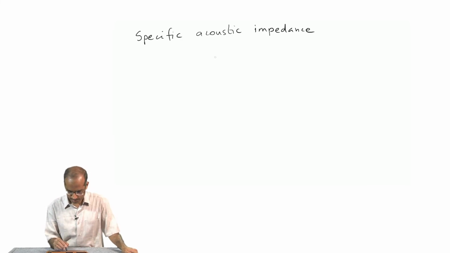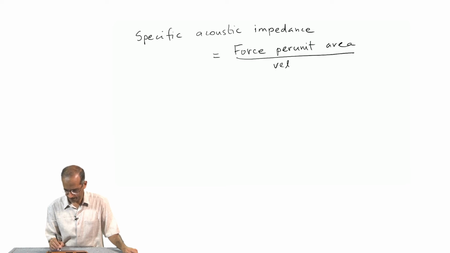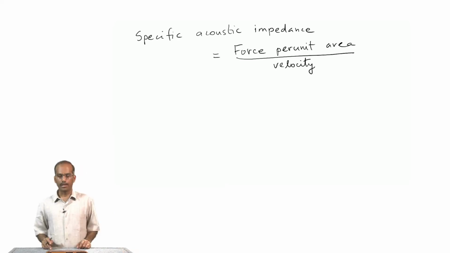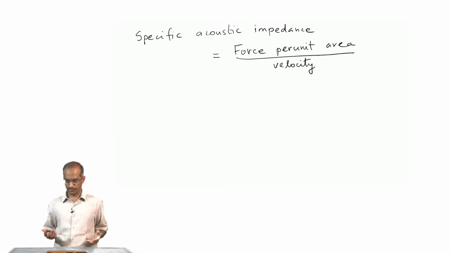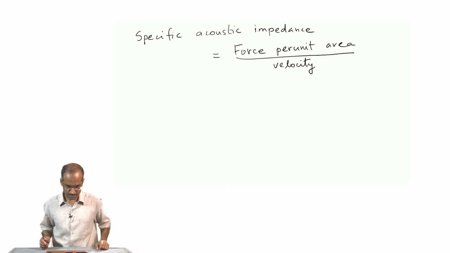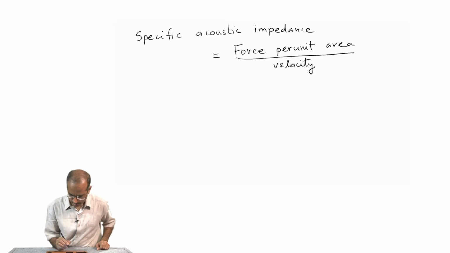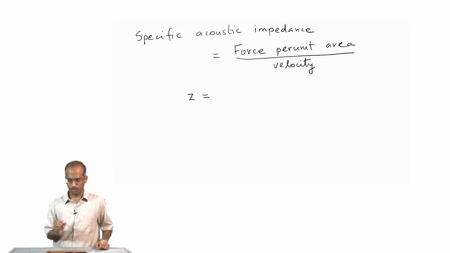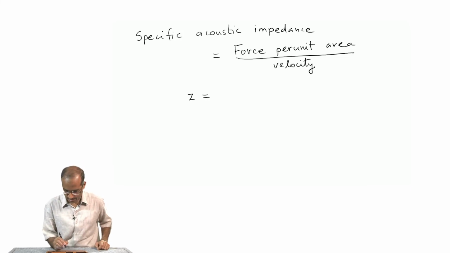So, this is force per unit area divided by velocity, and force per unit area of course is the pressure. Hence, I can write specific acoustic impedance as Z equal to P, which is the excess pressure, divided by velocity.